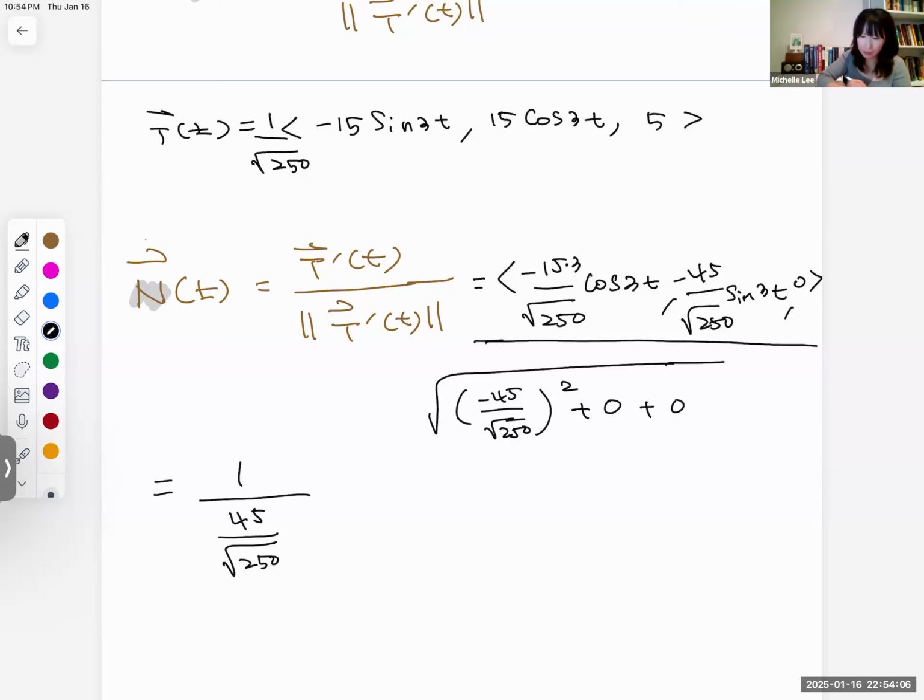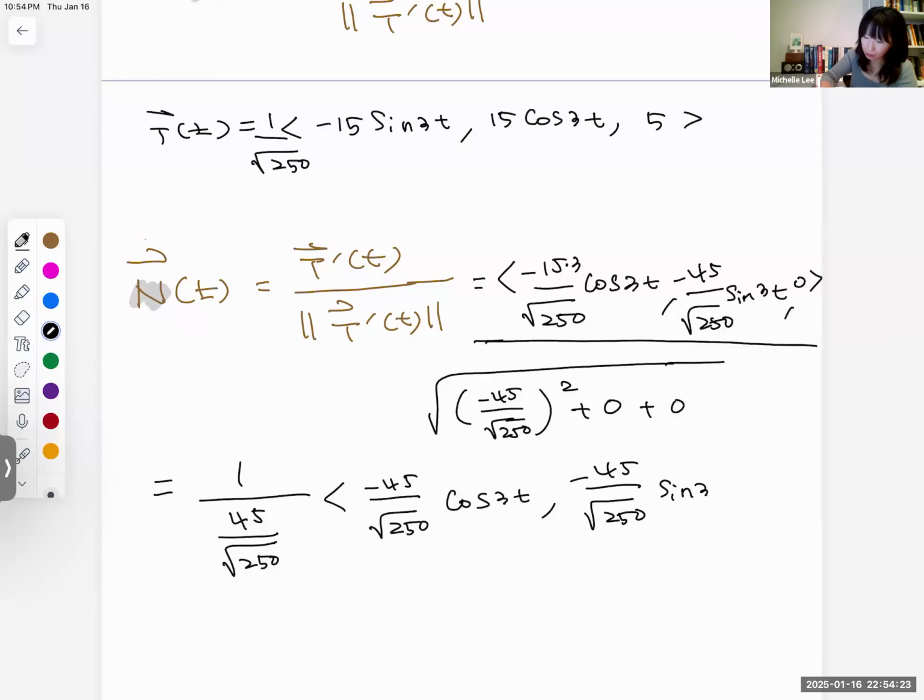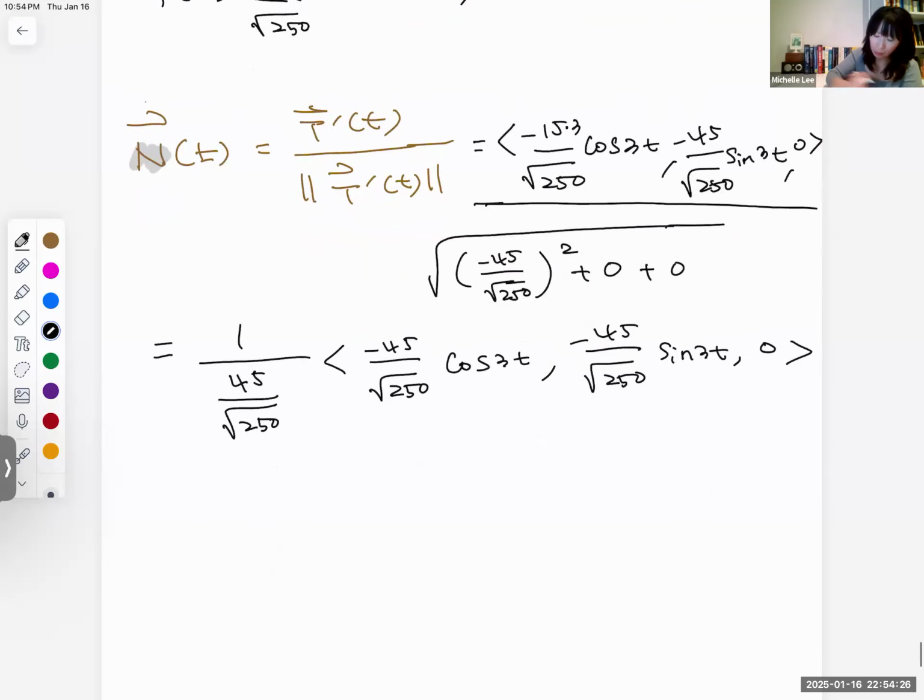And then we get negative 45 over square root of 250 cosine 3t and negative 45 over square root of 250 sine 3t is 0. Okay, so when t equal to 0, this is 1, right?